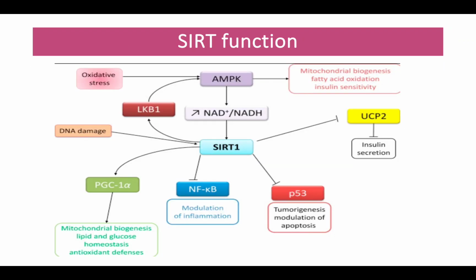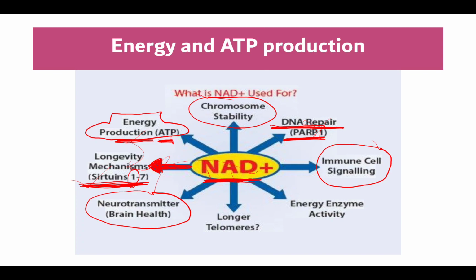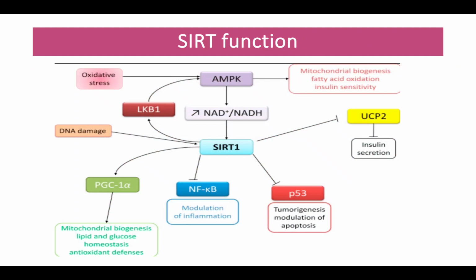Now, what is the SIRT function? Now I'm going to speak about longevity and the sirtuin. What do sirtuins do? Here is the NAD, the important molecule. It stimulates the sirtuin. What does the sirtuin do? The sirtuin goes to the DNA. It is stimulated when there is damage in the DNA or in the genes.